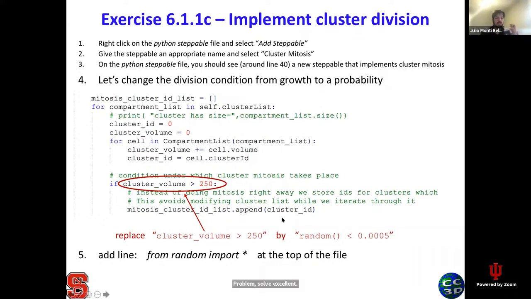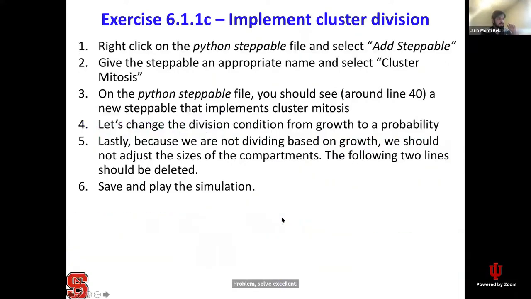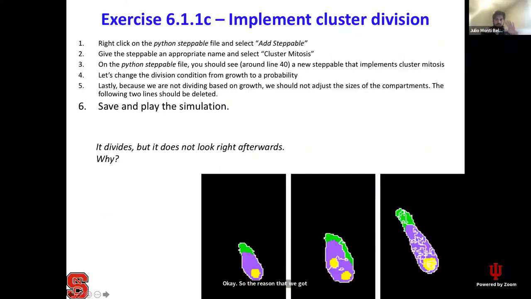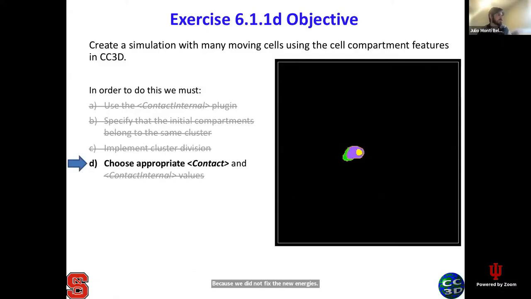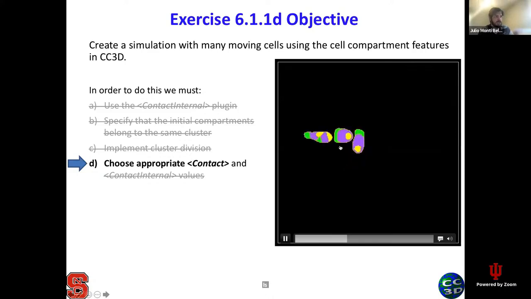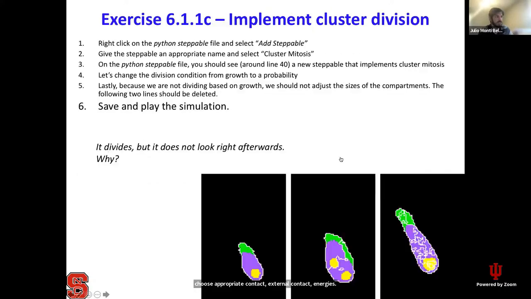Okay, so the fact that our cells divided means that you successfully implemented the cluster division, but the cells still look weird because we did not fix the adhesion energies, okay? So what you have to do now is choose appropriate external contact energies so they actually look like this and not like that.